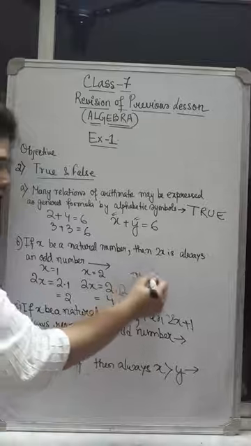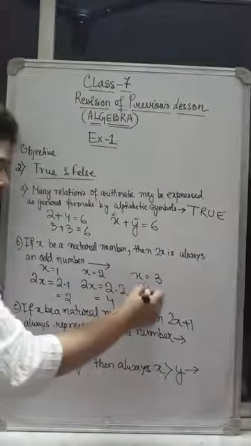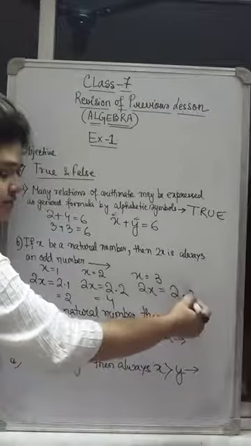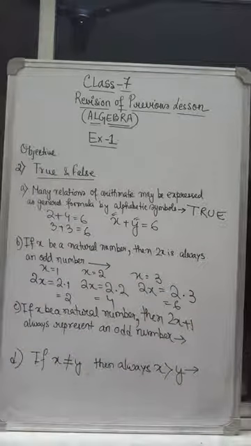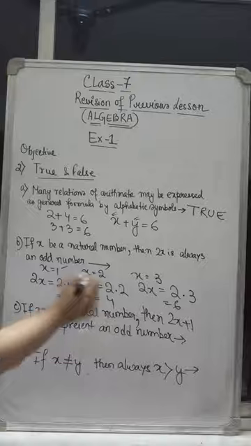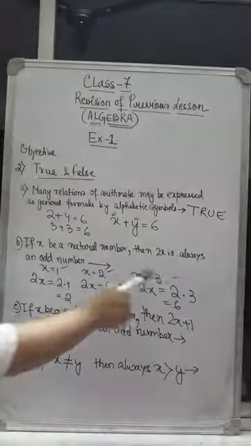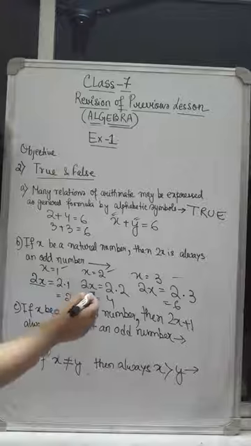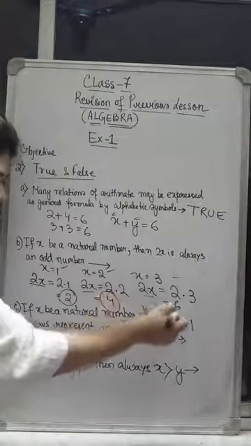Suppose x is equal to 3. Then we will find the value of 2x by putting the value of x. So 2 into 3 gives you 6. Now what you can observe: x can be any natural number, 1, 2, 3, anything. It can be odd numbers or even numbers. But when you find the value of 2x, it will always give you an even number as the result.